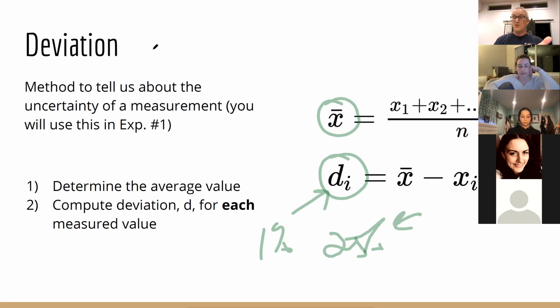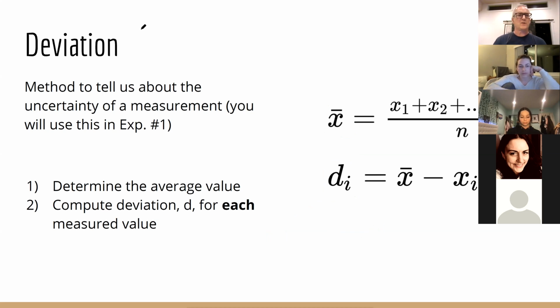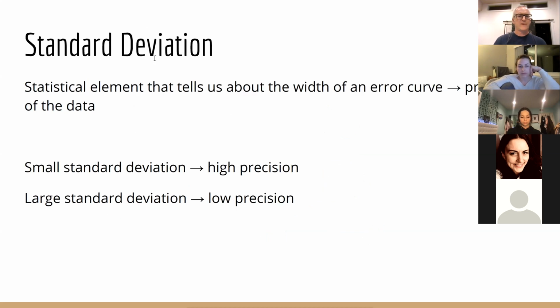But we make sure that we can justify it by showing what the deviation of that one is first. We don't just go throwing data away because we don't like the looks of it. Although I've been tempted plenty of times, believe me.